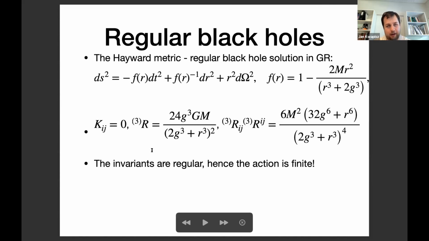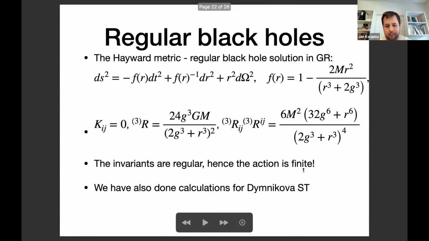And if I now integrate those, then I will get finite results, which can be seen from the fact that here I have this additional g to the third term. If I drop this, then I would get non-zero, since this would be 1 over r to the 6, which cannot be dealt with. And hence the action is finite.